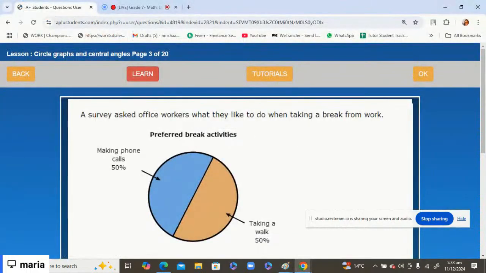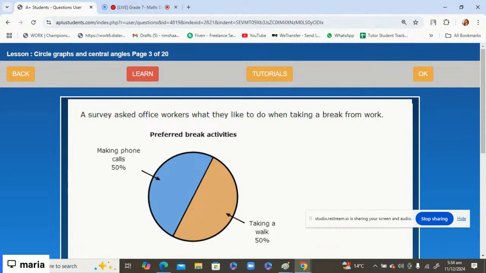Okay, let's do this one. A survey asked office workers what they like to do when taking a break from work. 50% say making phone calls, and 50% say taking a walk.